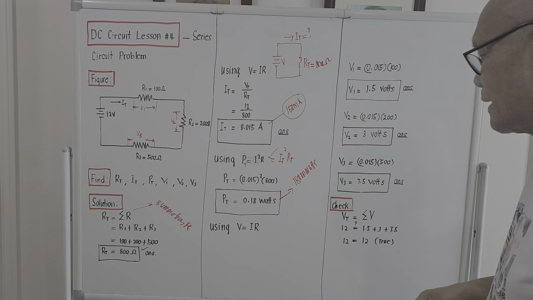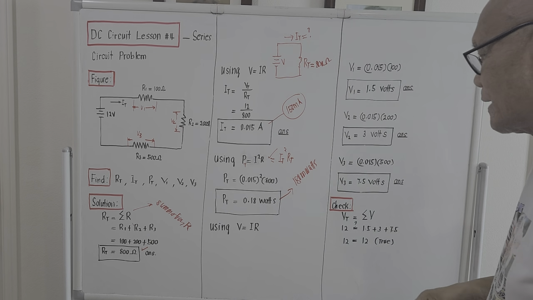because the connection is series. So this should be 0.015 times 100. The voltage drop across this 100 ohms here is actually equal to 1.5 volts. Right? Again, by using the same formula, V sub 2 now will be equal to I sub 2 times R sub 2.